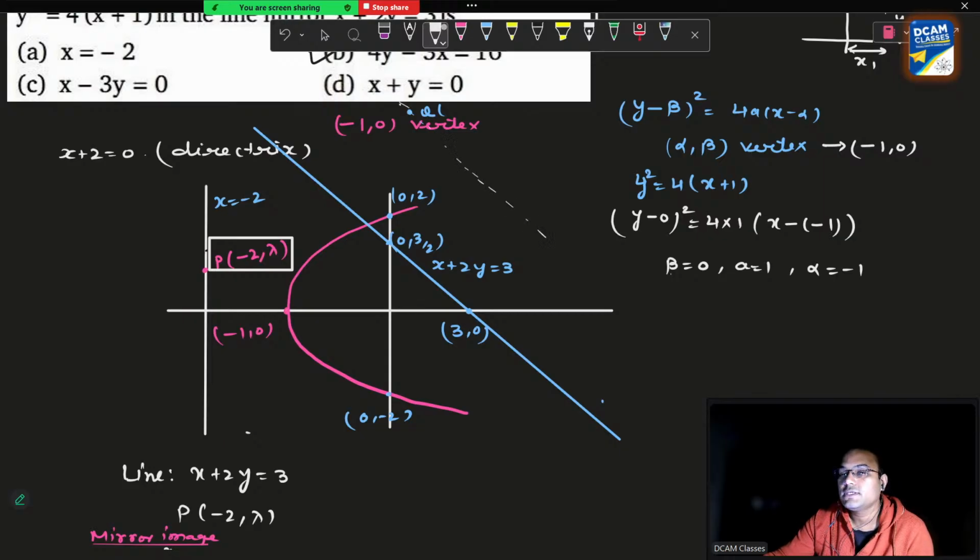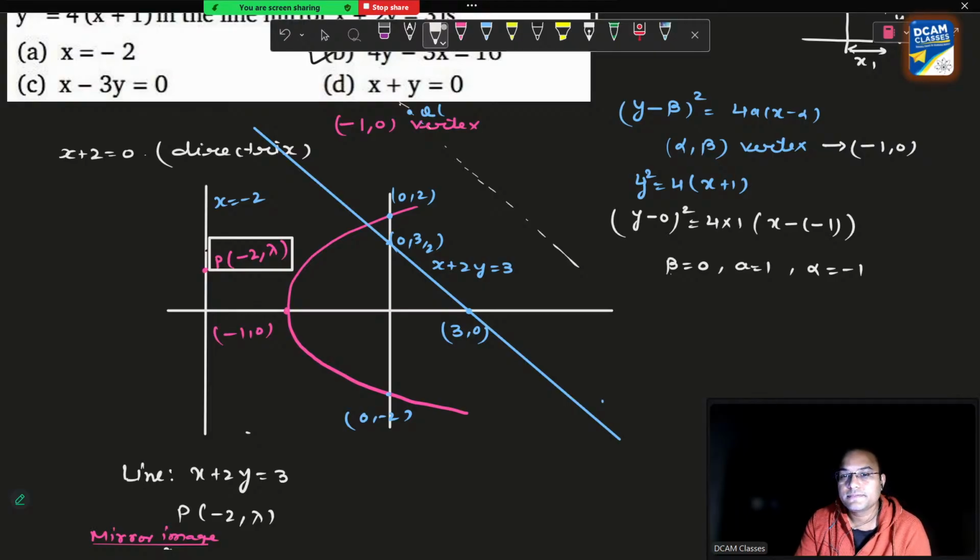Locus of a point means how the point moves so that it draws a curve. In this case, Q has to move so that it draws a line. So my idea is to get the equation of the line by finding the locus of Q. To find the locus of Q, I first have to find the point Q.